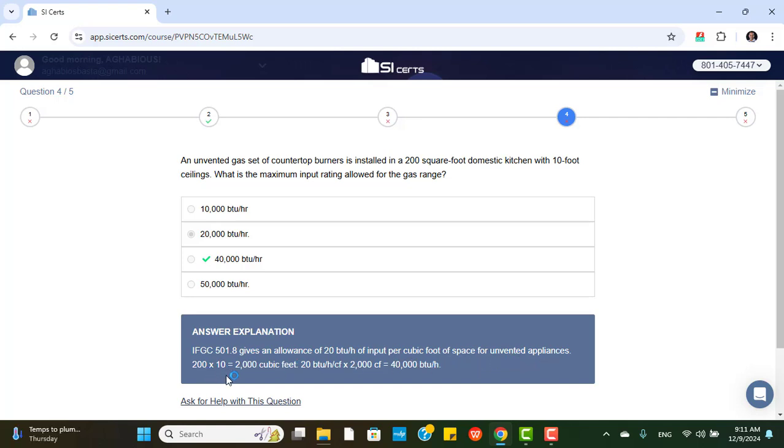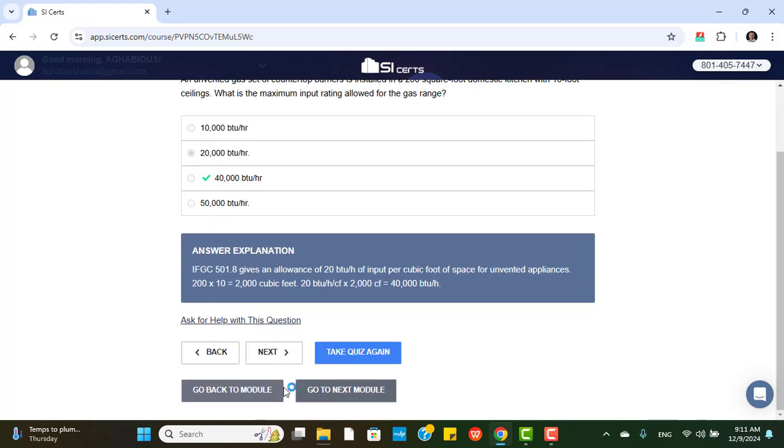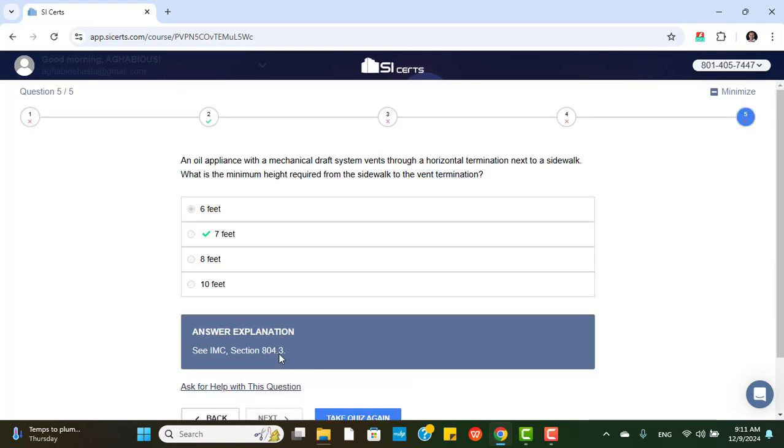This means 200 multiplied by 10 gives us 2,000, and 20 BTU for 2,000 gives us 40,000 BTU per hour. Okay, let's go to the next.